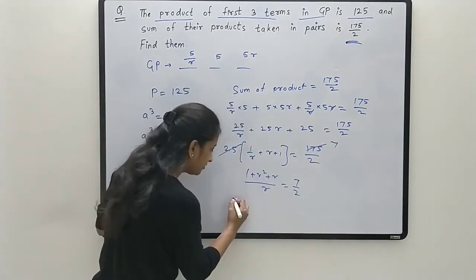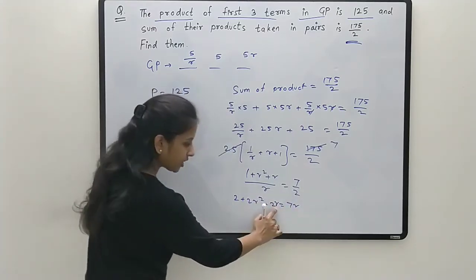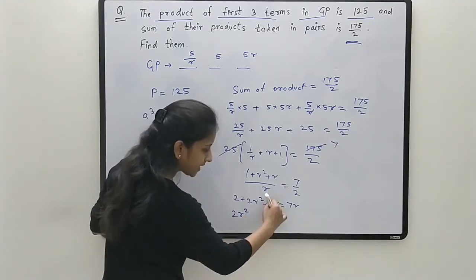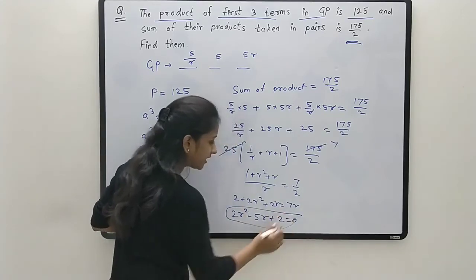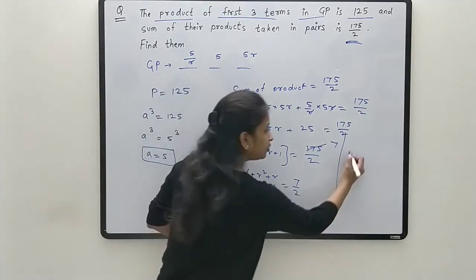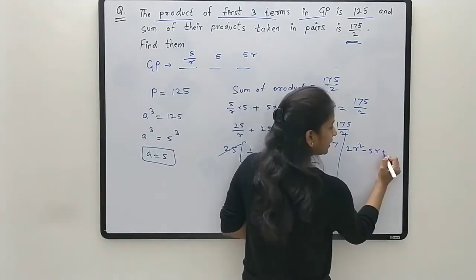Cross multiplication, what we will get? 2 plus 2R square plus 2R is equal to 7R. So we will get 2R square plus 2R minus 7R, that is minus 5R, plus 2. If we solve this quadratic equation, we will get 2 values of R. Let's find it out. See, 2R square minus 5R plus 2 is equal to 0.